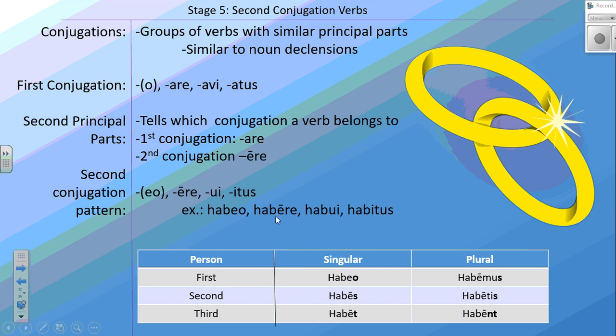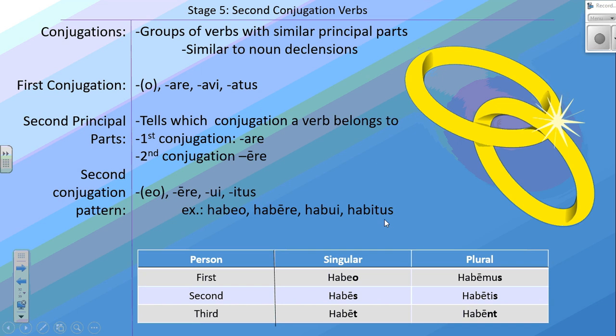Then for the rest, we go to the second principal part, habere, drop that RE and get habe, and add our endings. Habes, habet, habemus, habetis, habent. I have, you have, he, she, it has, we have, y'all have, they have. And there you have it. That is second conjugation verbs.